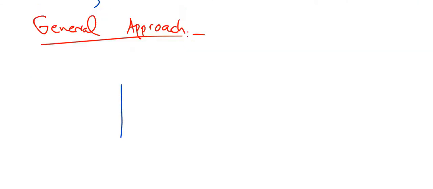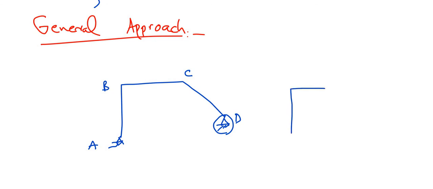So let's consider a frame of any arbitrary shape. This is a hinge support, this is another hinge support. Let's call it A, B, C and D. Now whatever loading is applied, we are going to consider a redundant over here. So we will consider the primary structure like this.